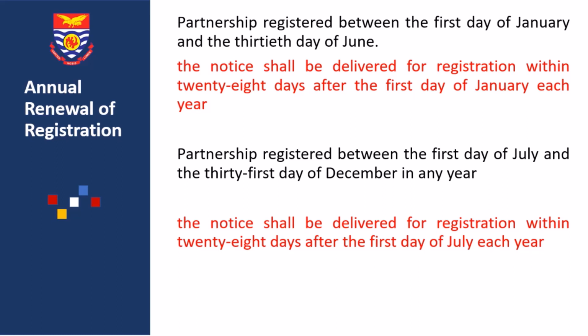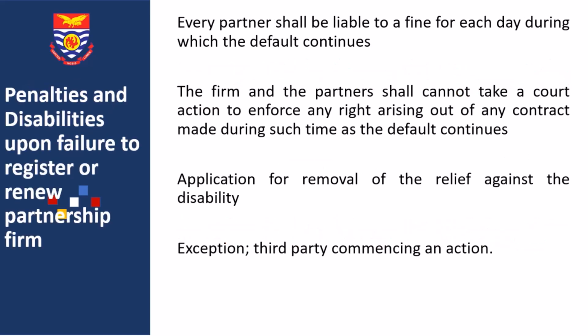So the law is clear. The time difference, we have to look at it carefully. Because if you fail to meet the deadline, there are certain penalties that you have to pay. Now you want to look at penalties and disabilities upon failure to register or renew partnership firm.